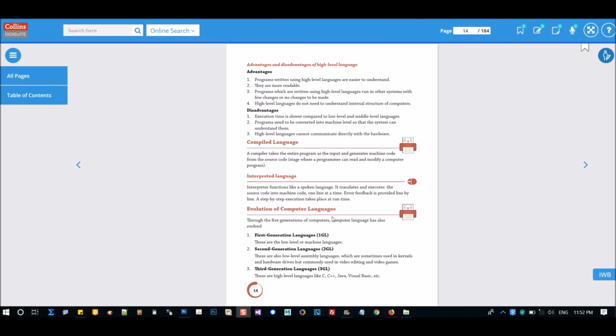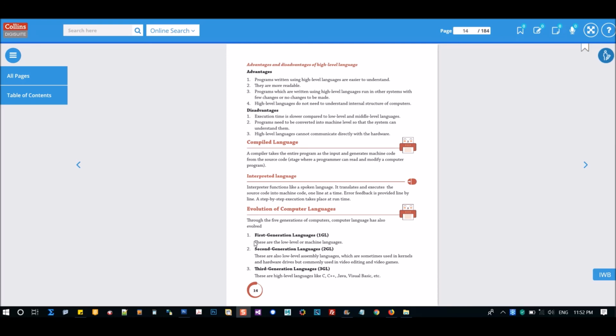And now the evolution of programming languages. Just like nowadays we are using 4G, before 4G there was 3G, 2G, and 1G, right? Just like that, even in computers we have first generation, or 1GL, second generation languages, and third generation languages.